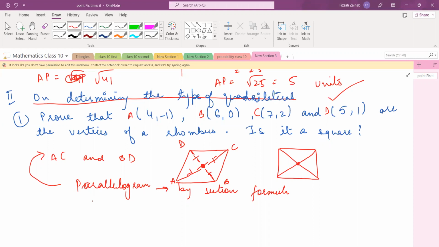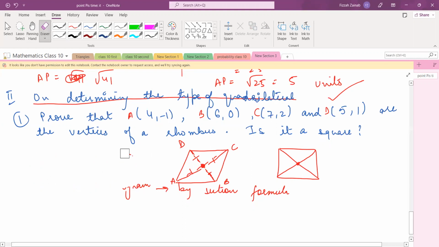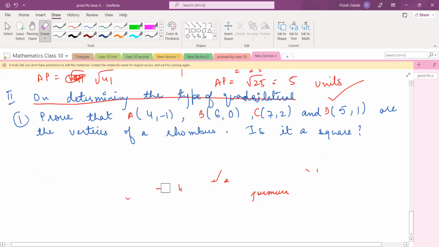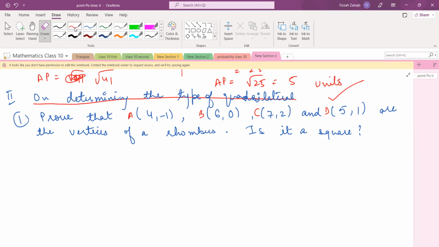Ma'am, but in that case, we won't need to find that it's a parallelogram also, right? If we find all the sides. Okay, no, just one minute. If you use the distance formula, now just see the difference here. It actually saves some steps.